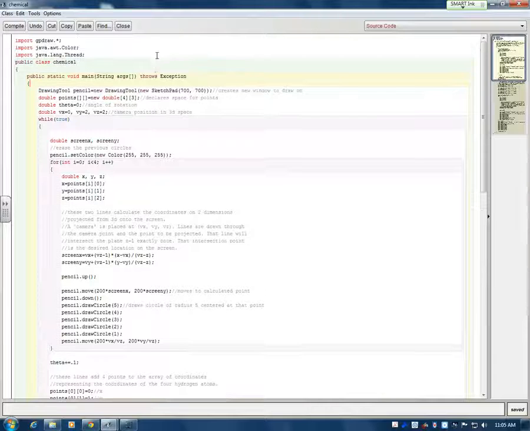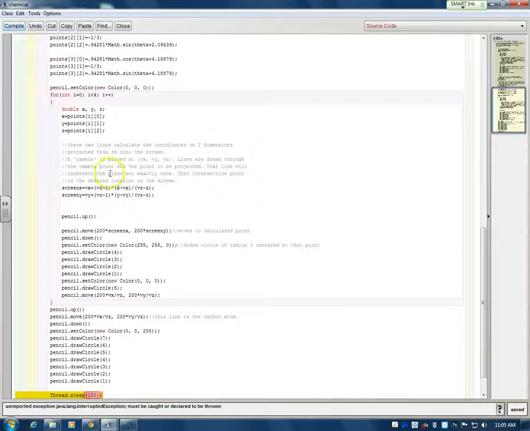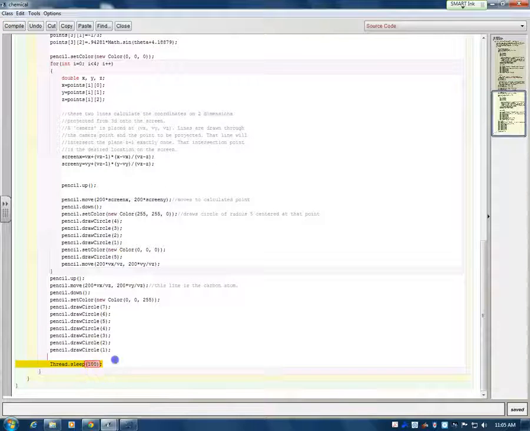for various reasons I had my main method throw an exception, as opposed to using multiple try-catch statements. I don't exactly remember why I did that or which lines threw exceptions. Let's see which ones. There you go, Thread.sleep.